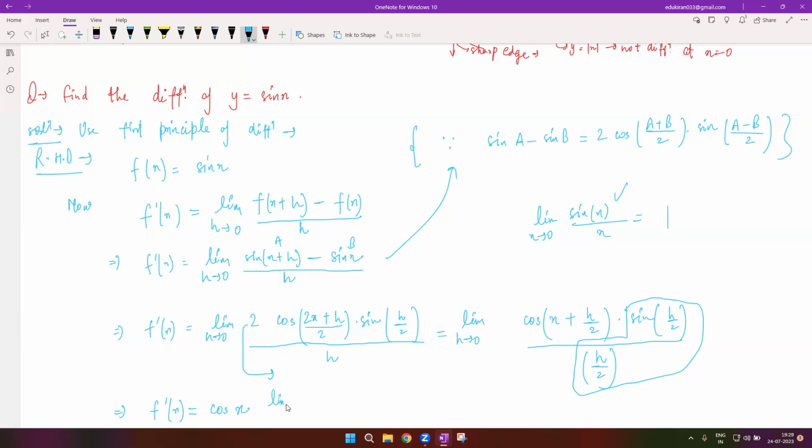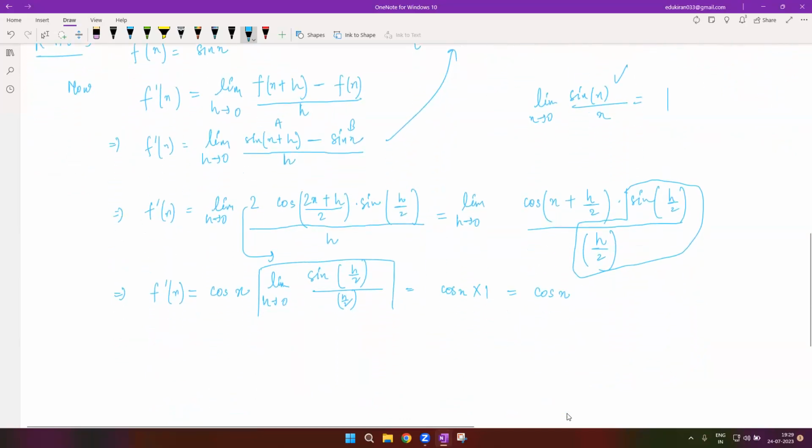And then this part, limit h tends to 0 of sine of h by 2 divided by h by 2, is a formula, the value of which is 1. So this is cos x into 1, basically. So the right-hand derivative of sine x comes out as cos x. This is our first equation.